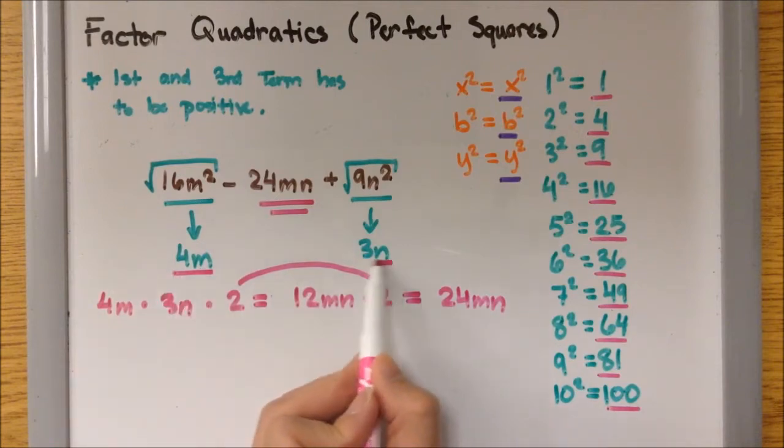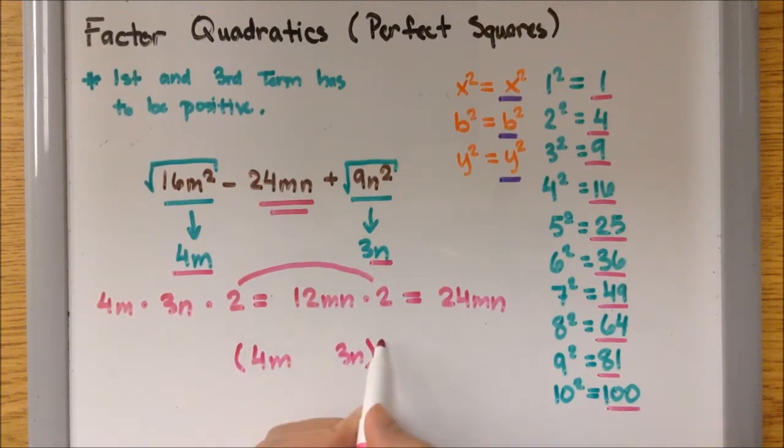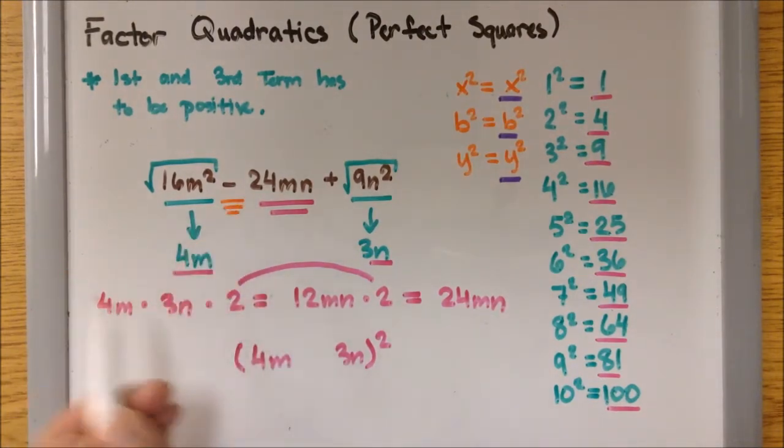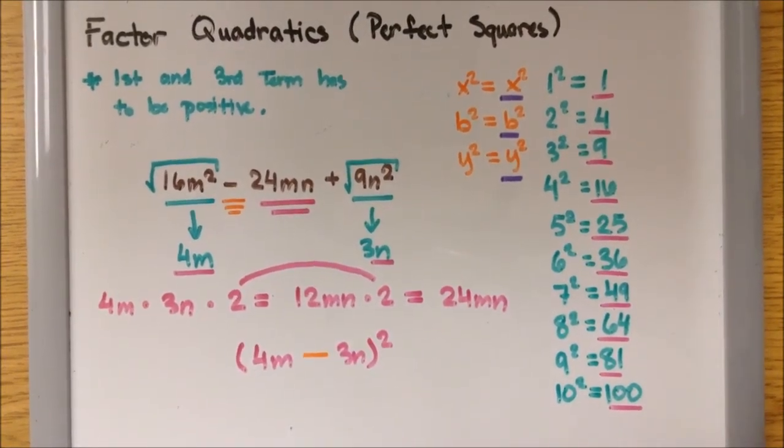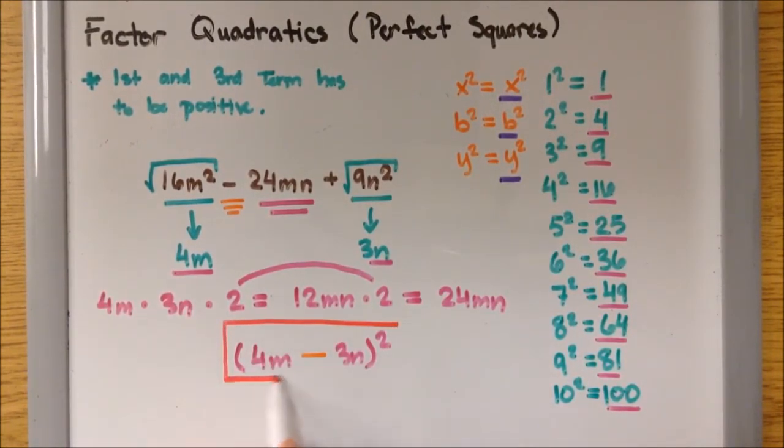So I'm going to use 4m and 3n in our final answer, with parentheses and the square. And then what's in front of the middle term will be in the middle of the final answer. So (4m minus 3n) squared. That will be our final answer. Again, our final answer is (4m minus 3n) squared.